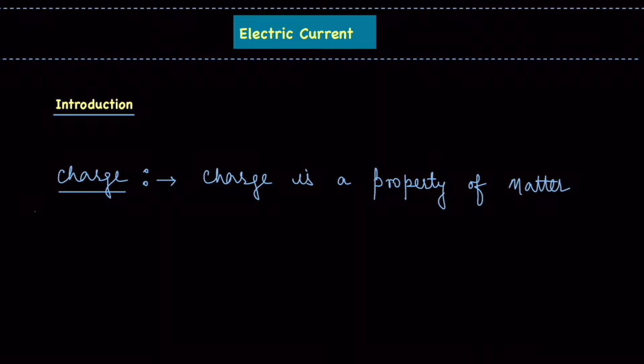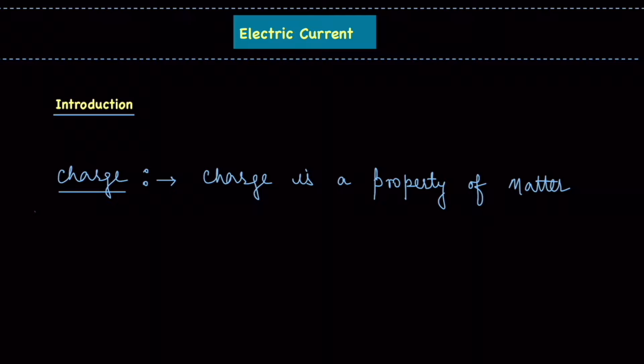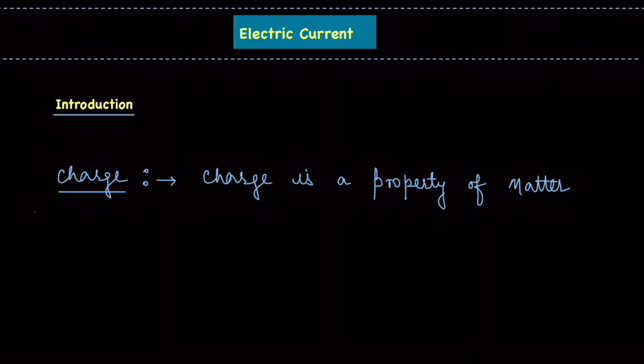Property of matter means if we take any matter around us, it must have charge present. Like we say that any matter must have mass. In the same way, charge is also a property of matter. It means that if you take any material or any matter around us, there must be a charged particle present inside it.